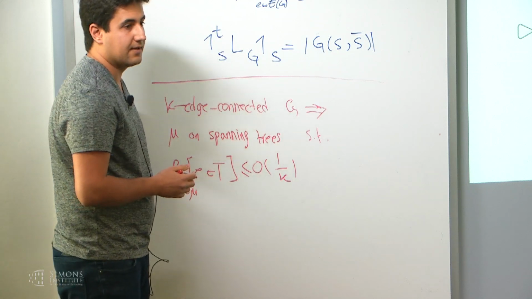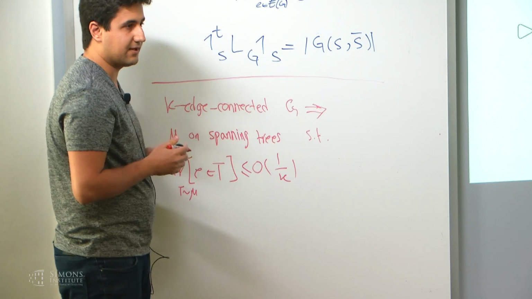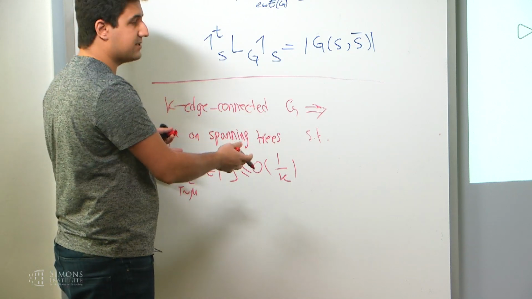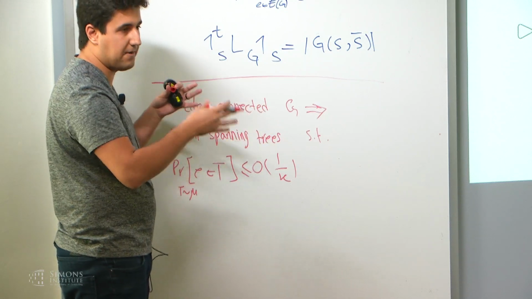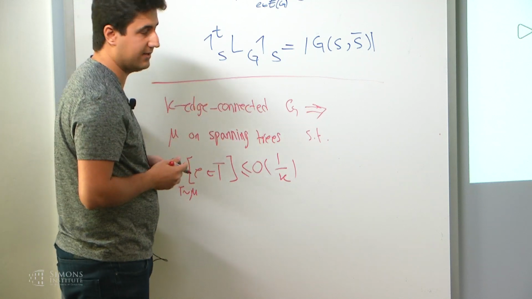So there exists a measure on the spanning trees such that this is true. You can actually take the measure to be the uniform distribution on roughly k trees. There exist about k edge-disjoint trees in every such graph, right?